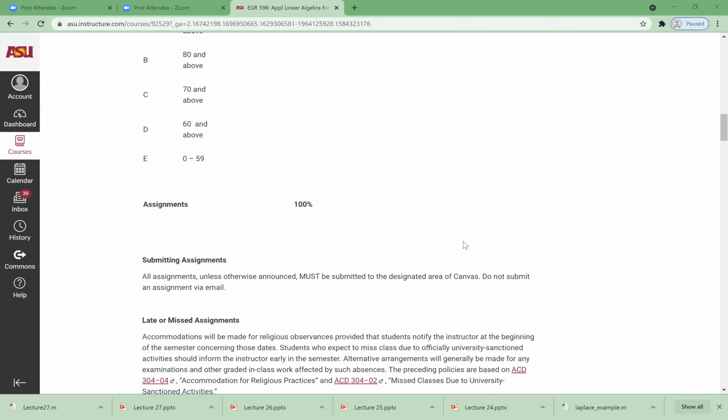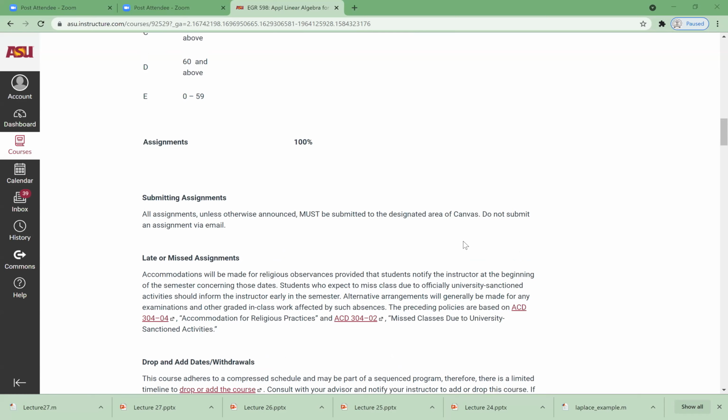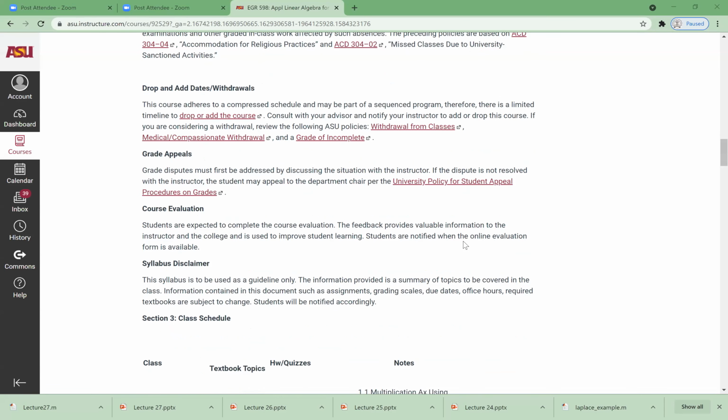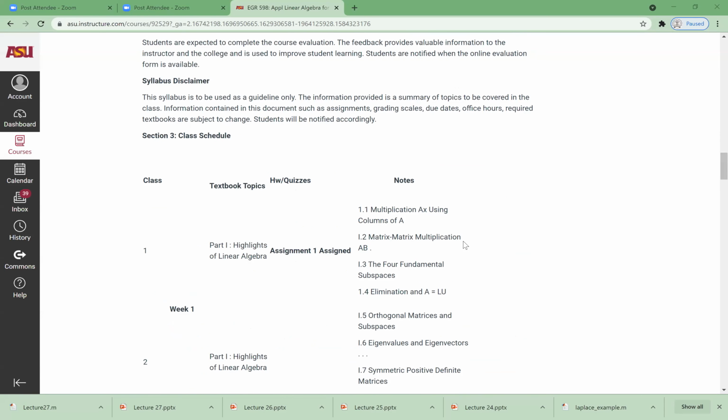I would encourage you to read through the syllabus, and then look at the topics. My intention is to cover the entire textbook.